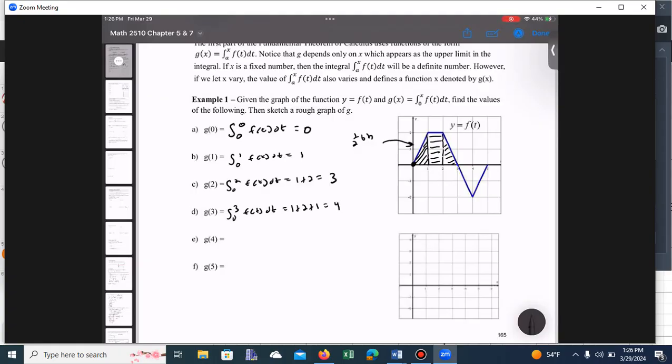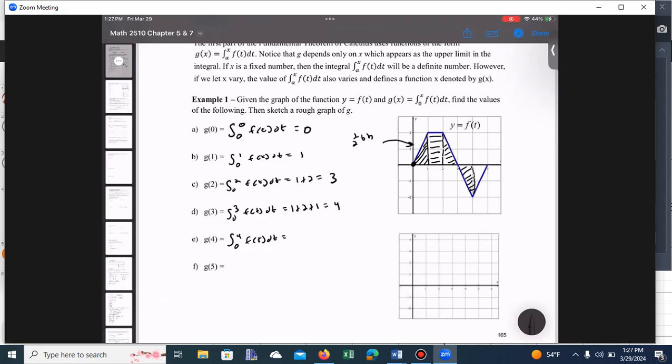Then from 0 to 4, the integral from 0 to 4 of f of t dt, we're now including this bottom triangle. That has an area of 1, but it's underneath the x-axis, so we're subtracting 1.